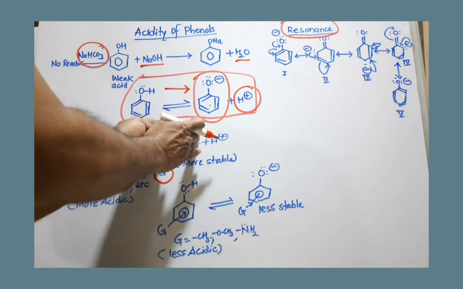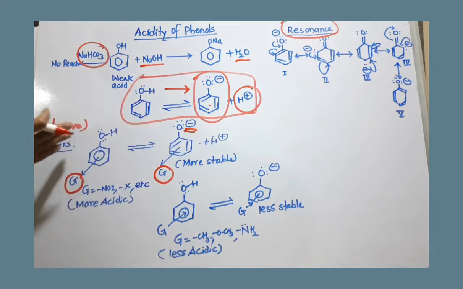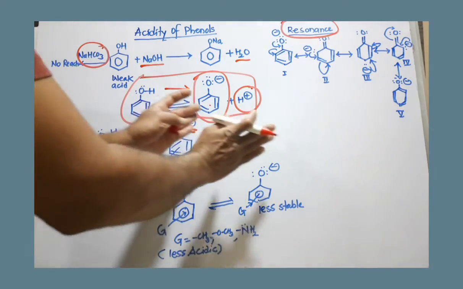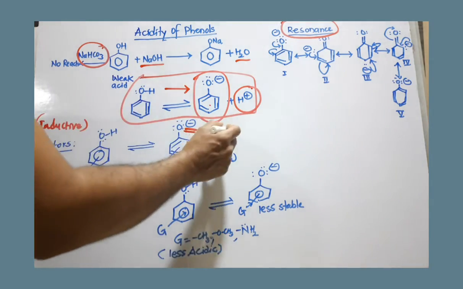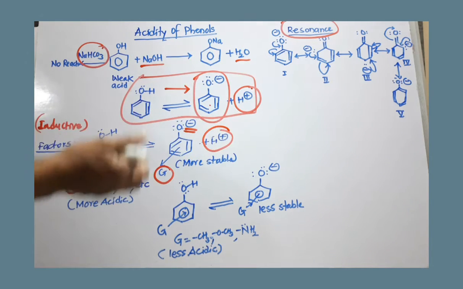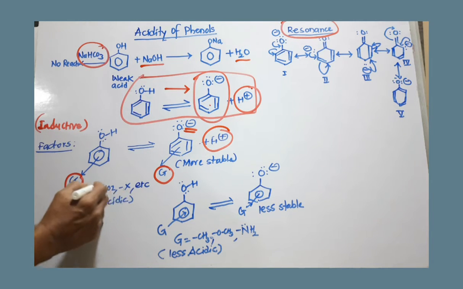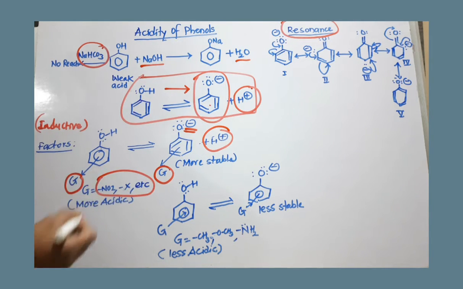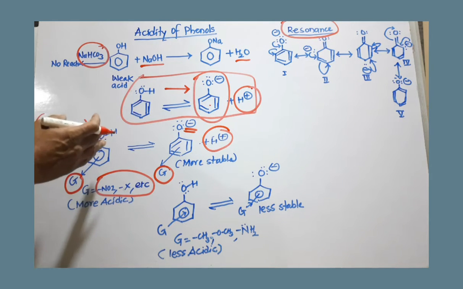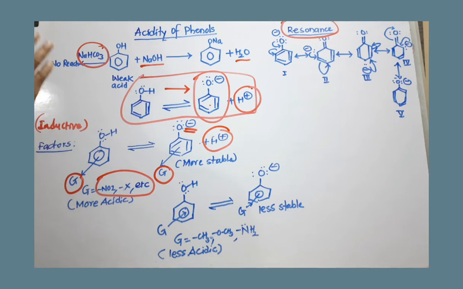If it is more stable, the reaction will go in this direction more easily. That means the phenol will give more H plus ion, and obviously it will increase the acidity. So if we generalize, if electron withdrawing groups are present on the ring, the acidity of the phenol is increased. So that phenol is more acidic.